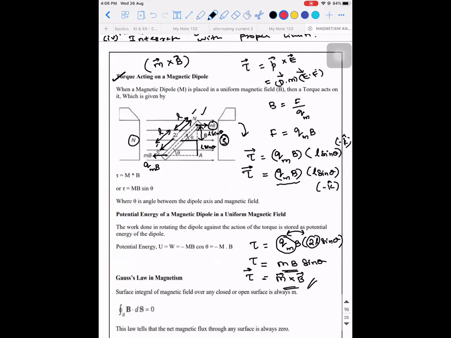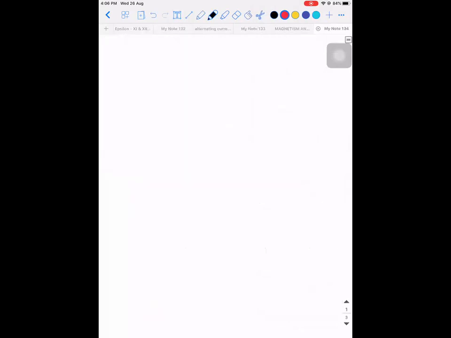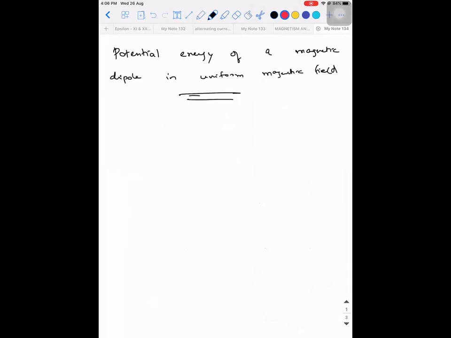Done, sir. Okay. So the next one is potential energy of a magnetic dipole in uniform magnetic field. So what is it you have?